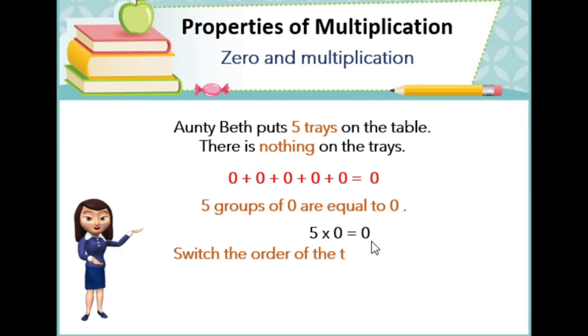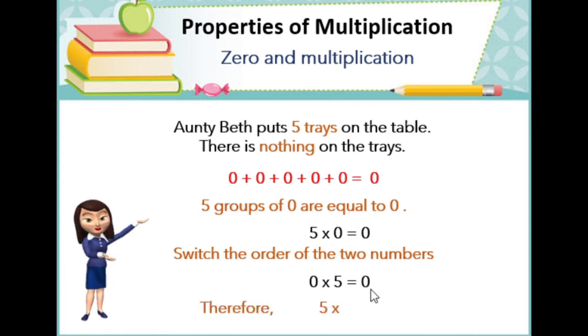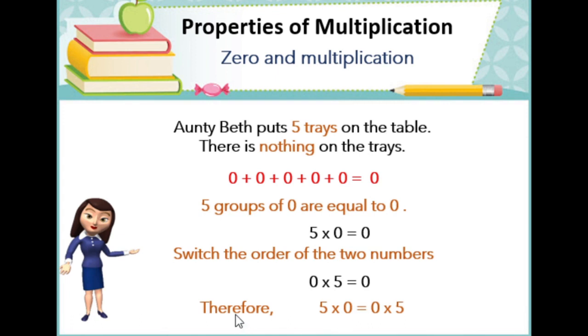Even if we switch the order of the two numbers, like 0 times 5 equals 0, we still get 0 as the answer. That means any number multiplied by 0, the answer would still be 0. Therefore, 5 times 0 equals 0 times 5.